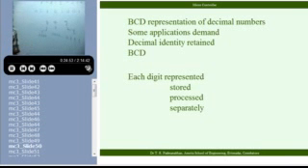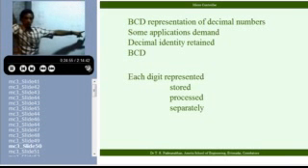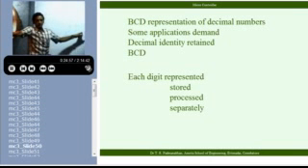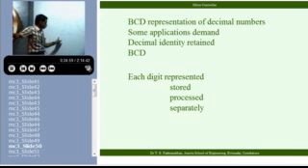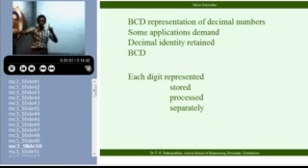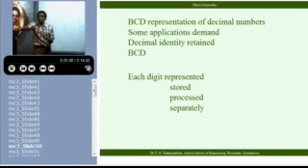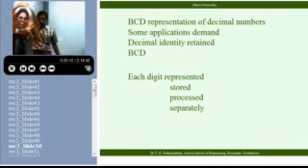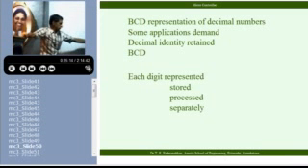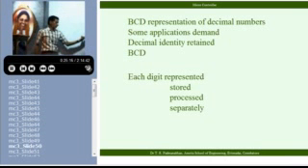But always understand that this is a special type of representation. This whole thing does not represent a binary number. Individual groups represent binary numbers which correspond to the decimal digits. There is a separate identity for each.